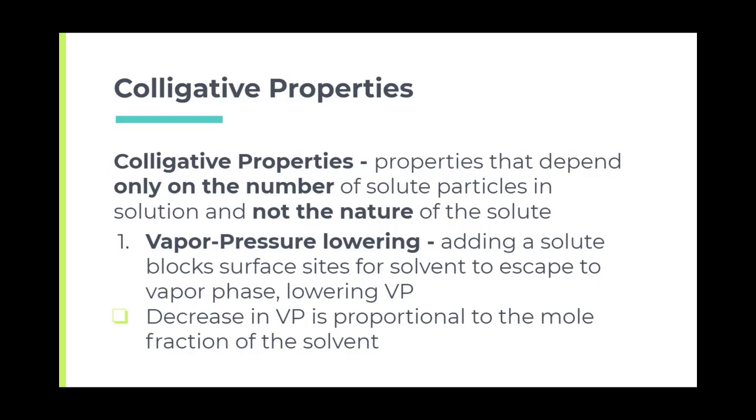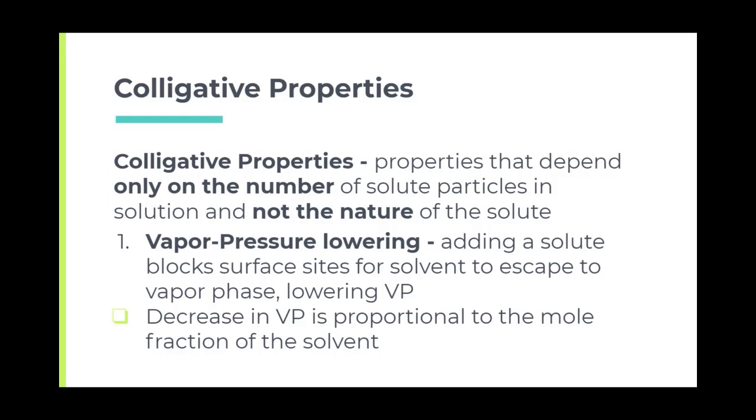And if you'll remember, vapor pressure occurs because in liquids and other volatile solvents, you have part of it that is evaporating at all times. And so that is what is described as the vapor pressure. And so if you lower the vapor pressure, that means that not as much of your solvent can evaporate.